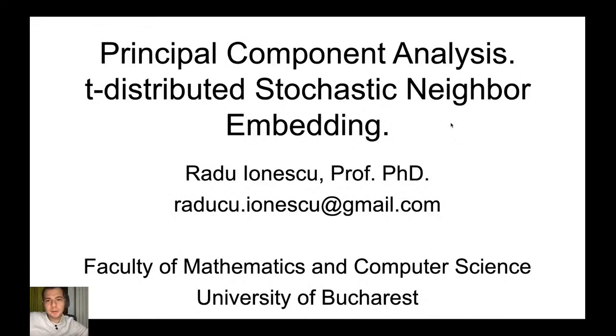So let's start today's lecture. Today we're going to continue our discussion about unsupervised learning approaches. We're going to discuss principal component analysis and another dimensionality reduction approach that is actually more useful in data visualization than actually building a useful representation.